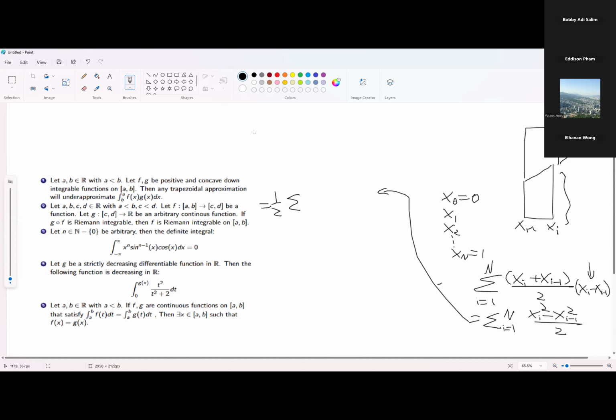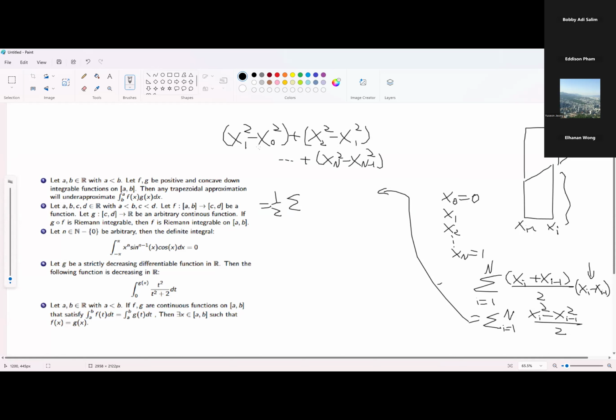But you can also notice that this is a telescoping sum. The first group, then the second group, x2 squared minus x1 squared, and you guys can see the pattern, right? Up to xn squared minus x_{n-1} squared.